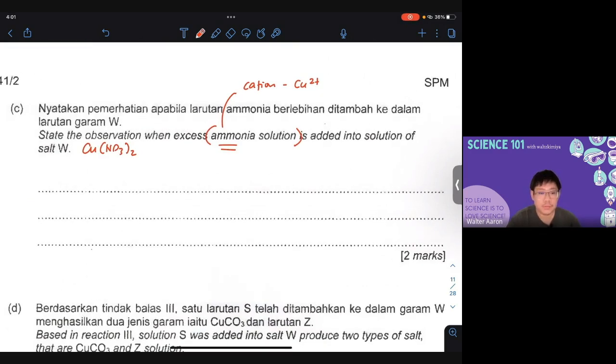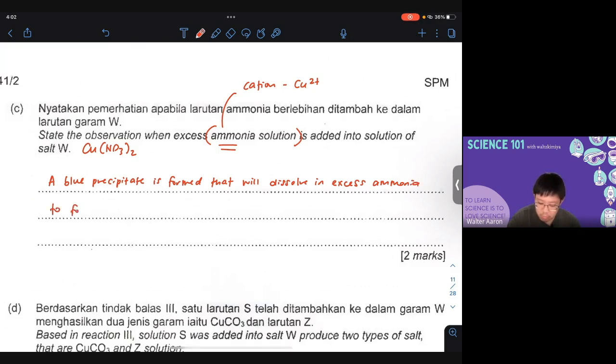Okay, so you put here a blue precipitate is formed that will dissolve in excess ammonia to form a dark blue solution.